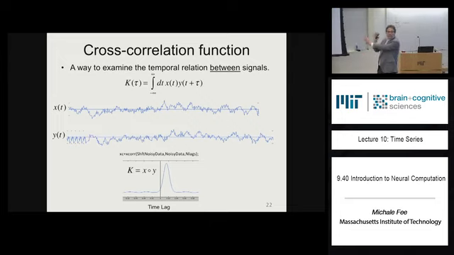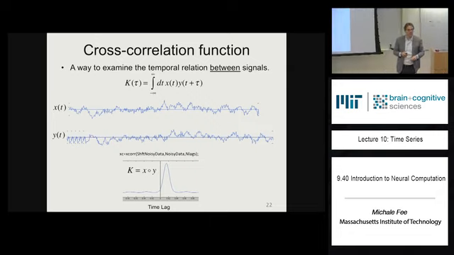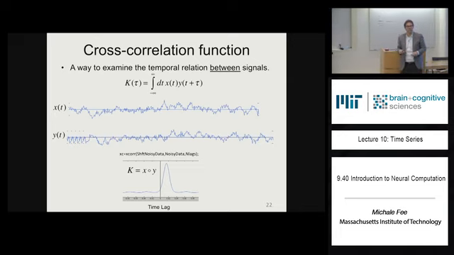But when they're shifted, all of those magical alignments of positive with positive and negative with negative go away, and it just becomes, on average, random. And random things have zero correlation with each other.